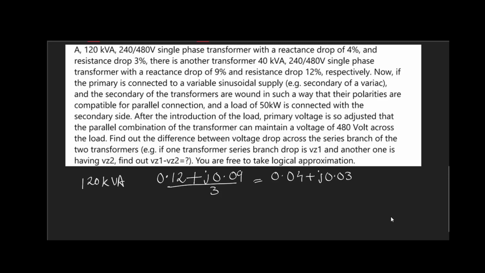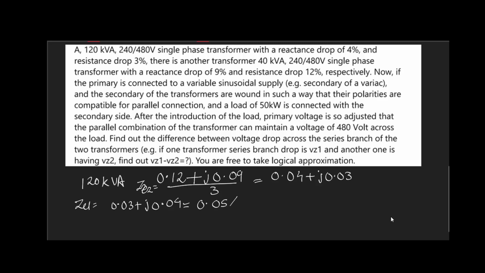Perhaps this should become 90 minus this value. Just let me check. Yeah, this angle is 53.13.